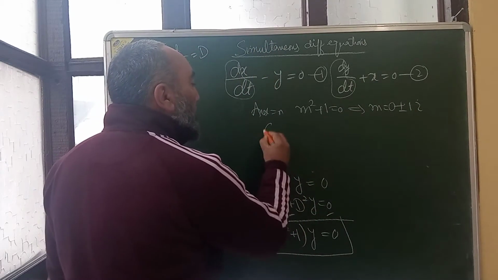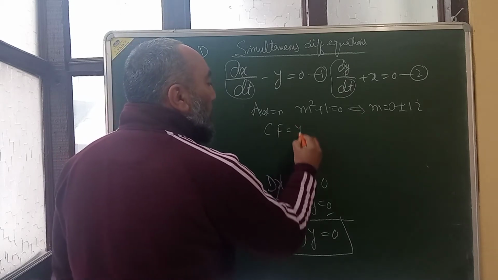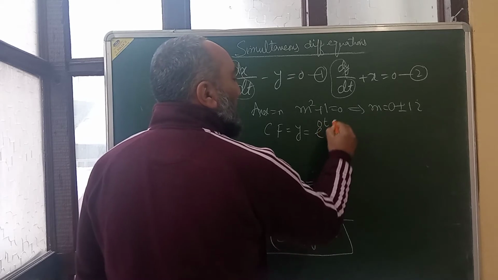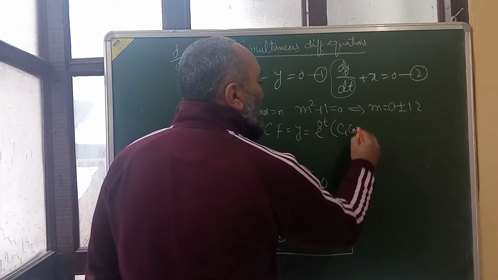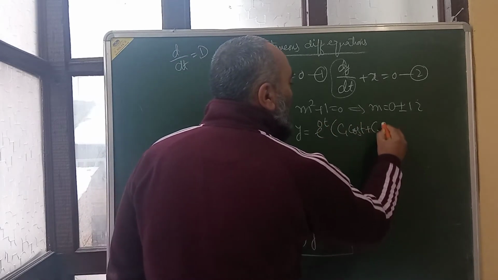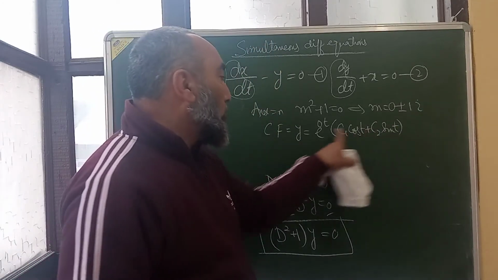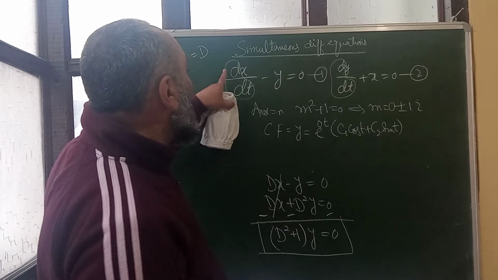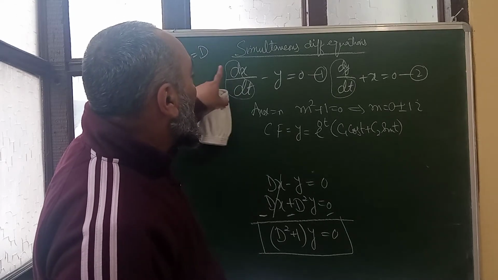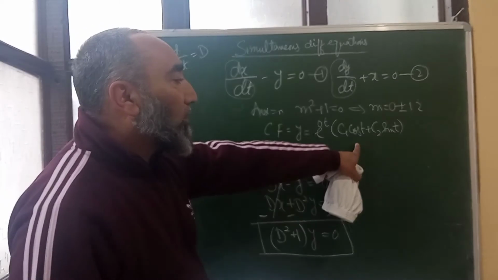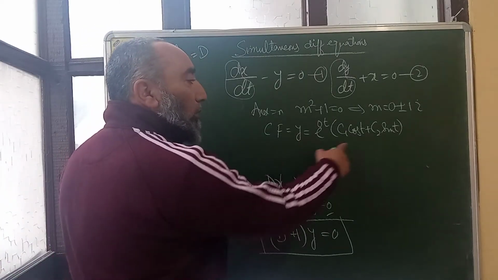Complementary function: y equals e to the power 0t, c1 cos t plus c2 sin t. See, I have written the solution in terms of t because our D is d by dt. I have x as a function of t, y as well as a function of t.